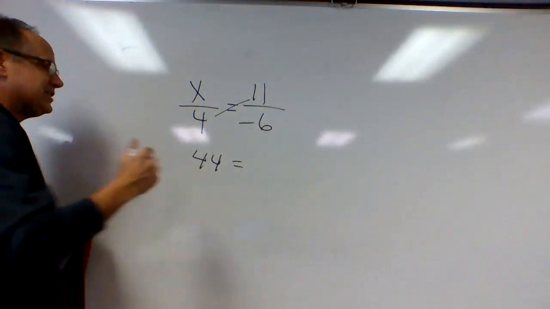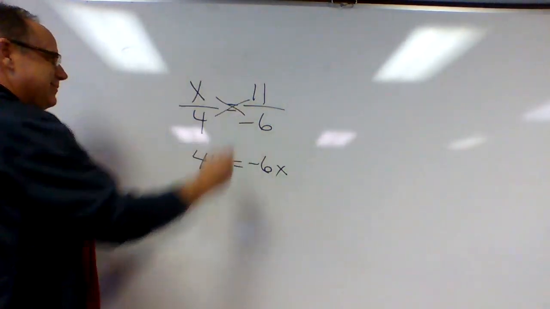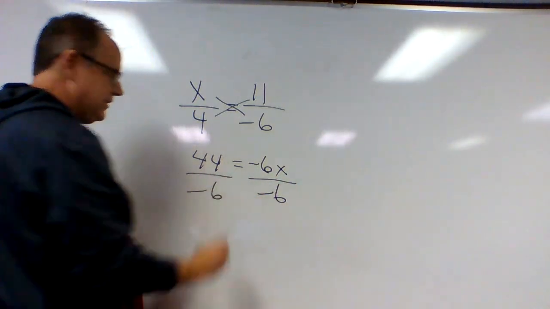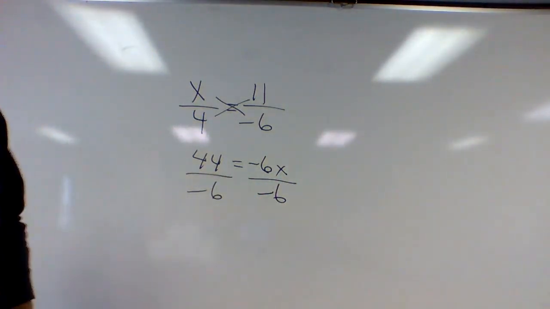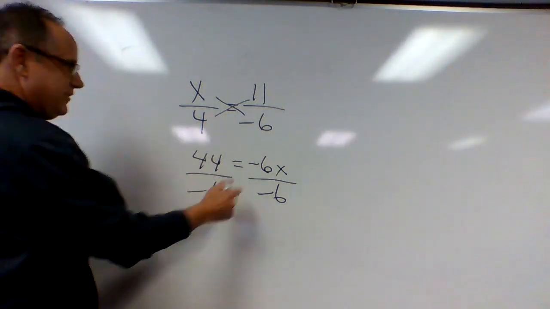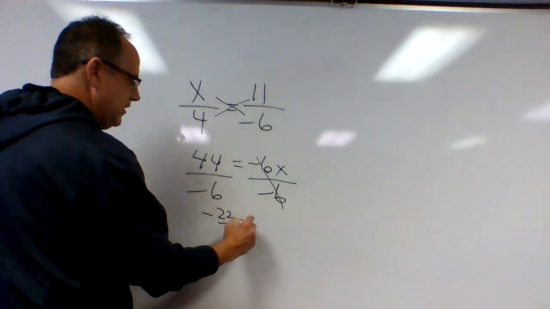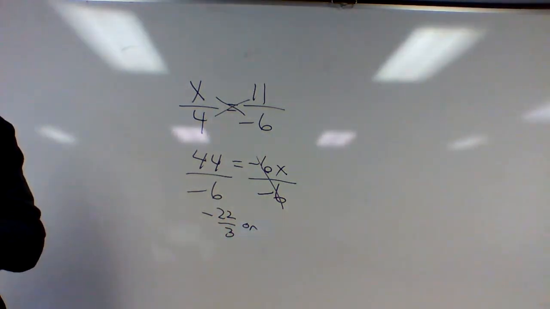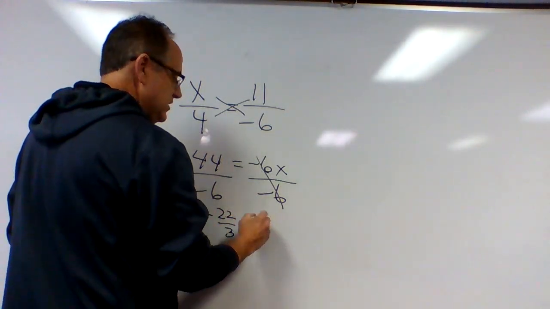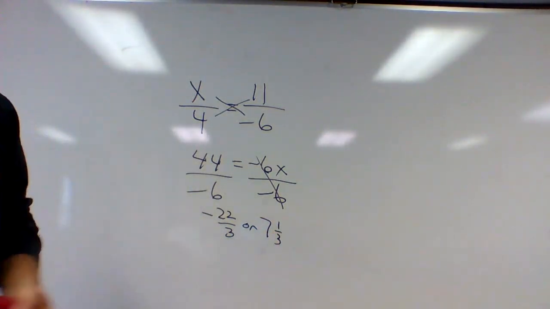We multiply the extremes together, negative 6 times x. Then solving, my answer in simplified form is negative 22 over 3, or negative 7 1/3. Okay, so that's guided practice 3A.